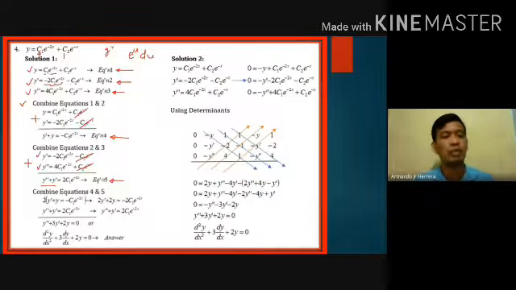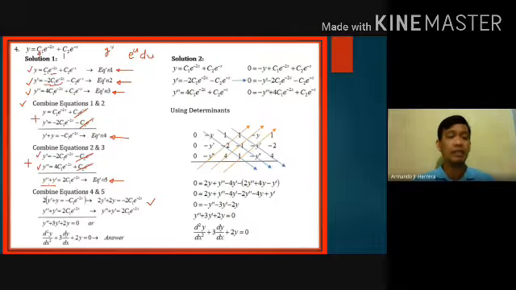So let us try to multiply by 2. So multiplying by 2, 2 times y prime is 2y prime, 2 times y is 2y, is equal to 2 times negative c1 is negative 2c1 e to the minus 2x. So this is our new equation 4.